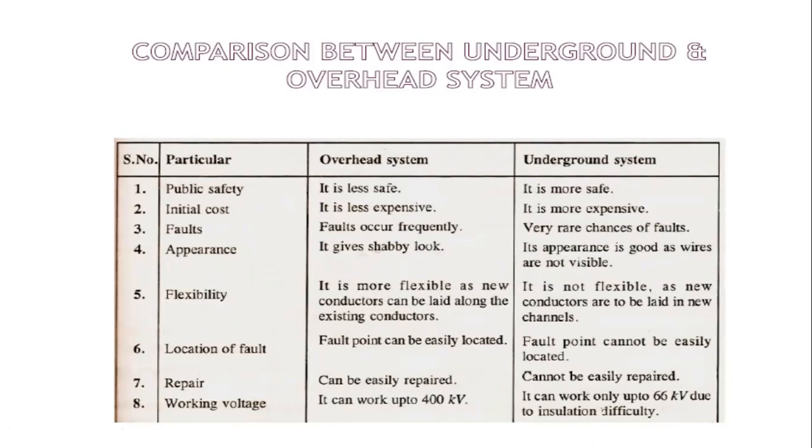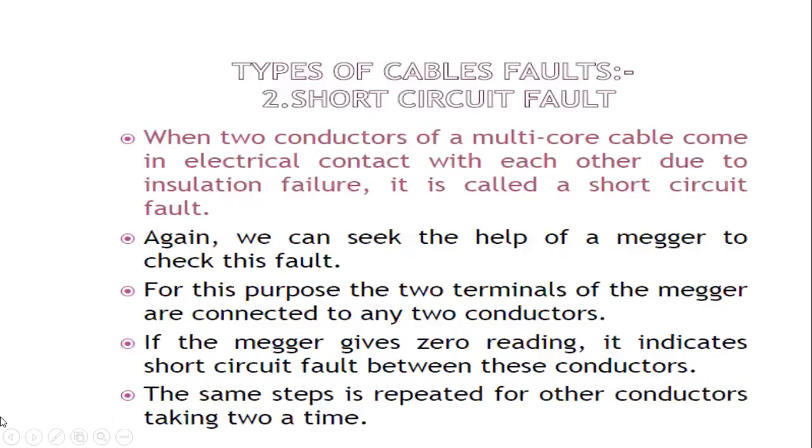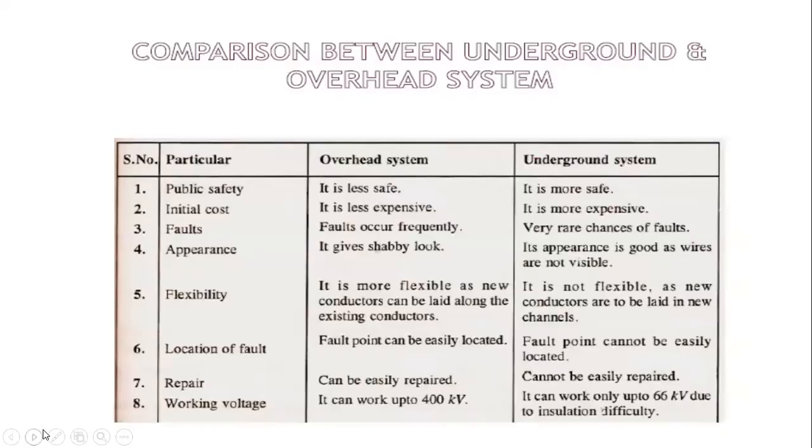The overhead system is more flexible, as new conductors can be lowered, and the fault points cannot be the same. And repair: it can be easily repaired in both cases. Next, working voltages: overhead can work up to 400 kilovolts, and underground up to 66 kilovolts.